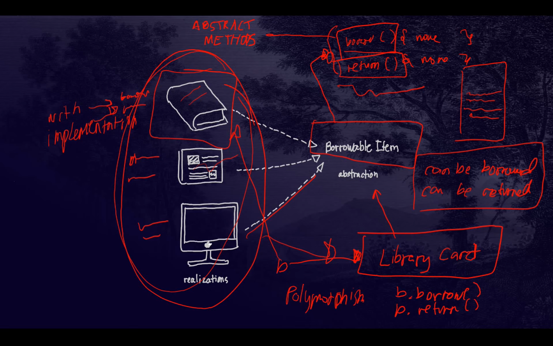So for example, if ever you change your library system and there's a new type of resource that can also be borrowed, all you have to do is simply create that new type of resource, establish a realization relationship with borrowable item, forcing it to implement borrow and return. Therefore, this will automatically make your new borrowable item realization a borrowable item as well, because it will be forced to contain borrow and return.